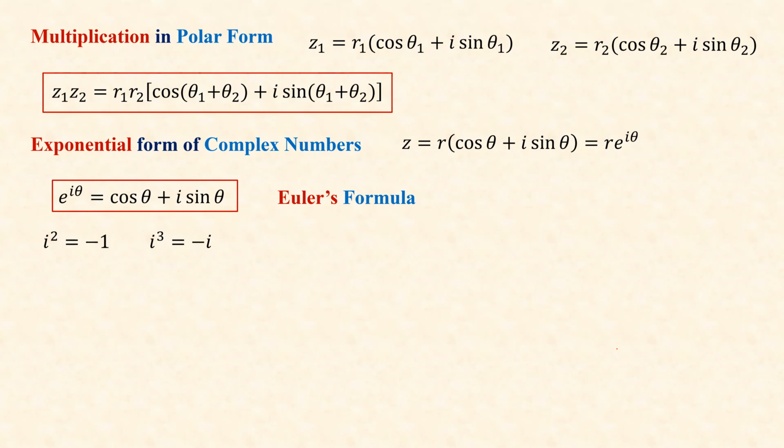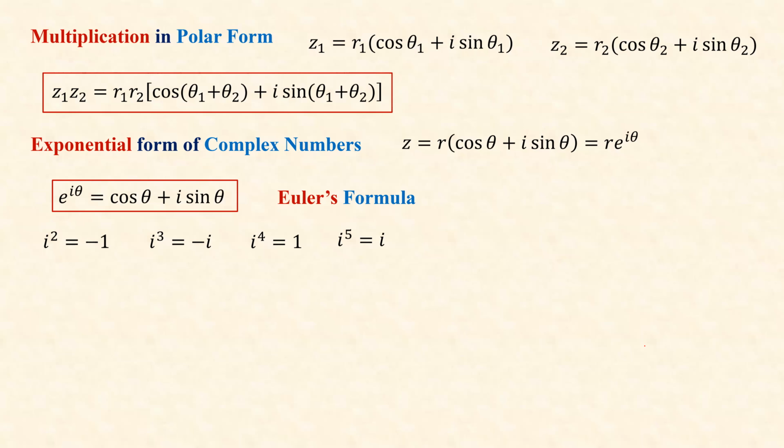Negative I. What is I to the fourth power? Positive 1. What is I to the fifth power? You get again I. So you see it becomes I, -1, negative I, 1, and I, -1.